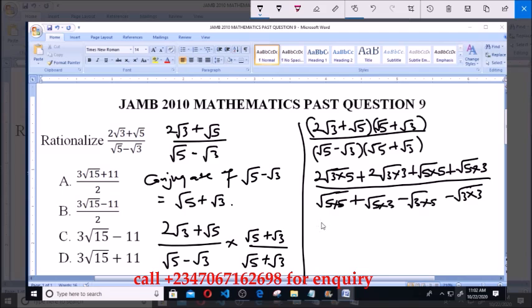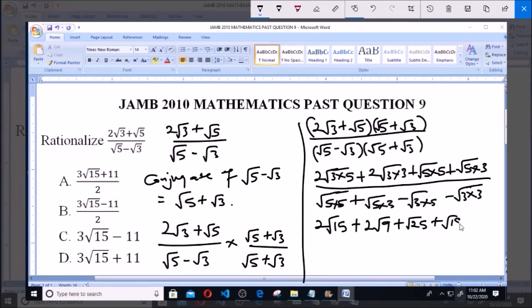Now from here we'll be having 2 root 15 plus 2 root 9 plus root 25 plus root 15 all over root 25 plus root 15 minus root 15 minus root 9. Now minus root 15 we can plus root 15 we cancel minus root 15.